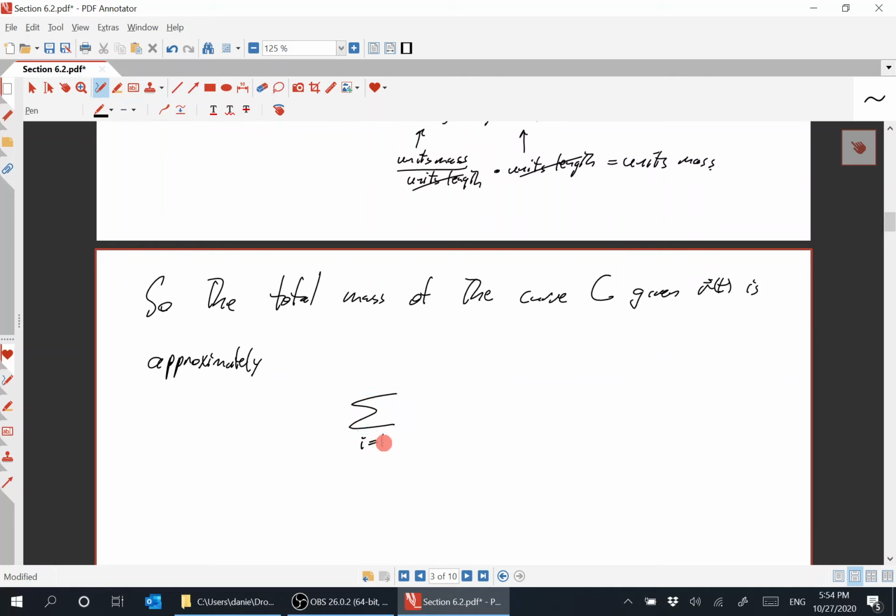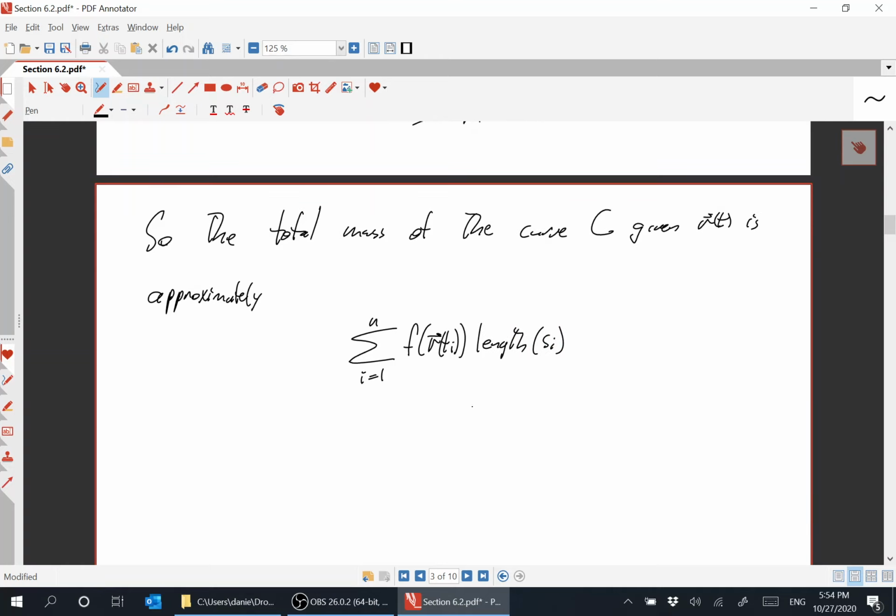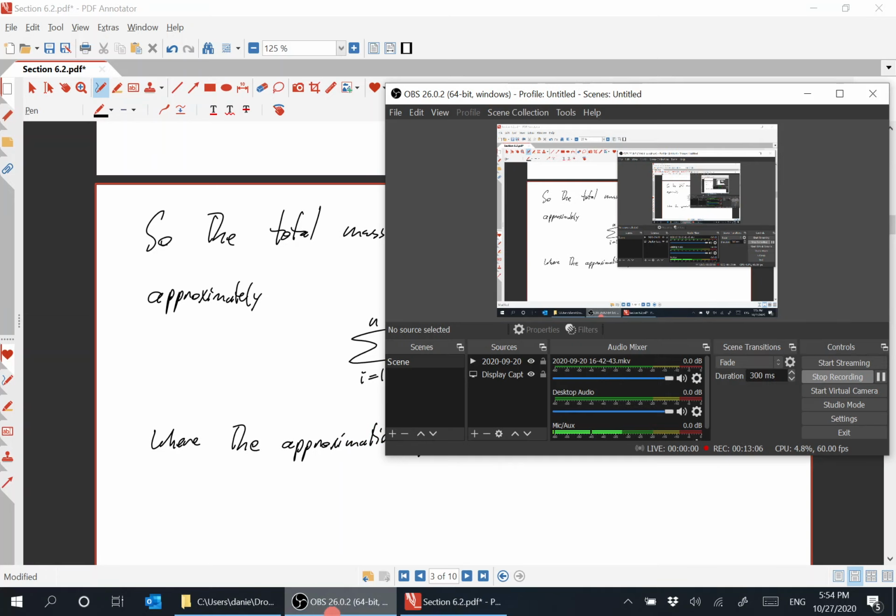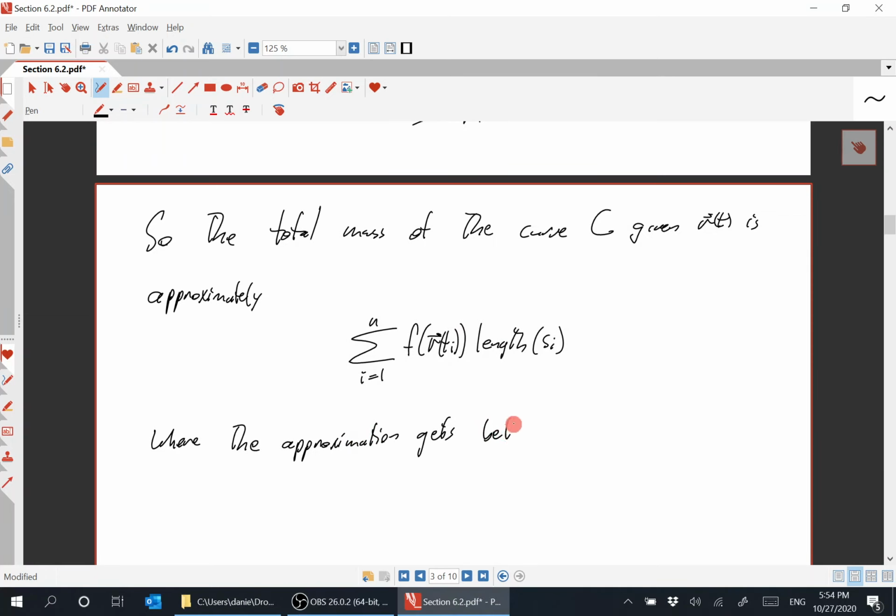The sum i equals 1 to n, f of r of t_i, length s_i, where the approximation gets better as n approaches infinity.